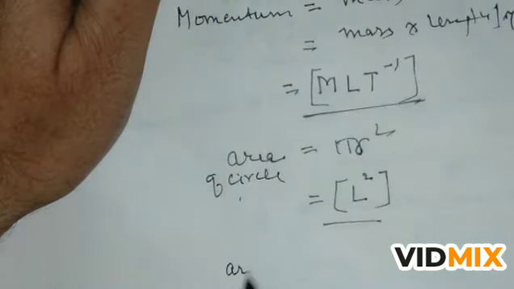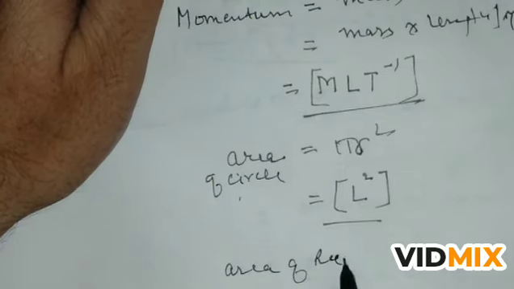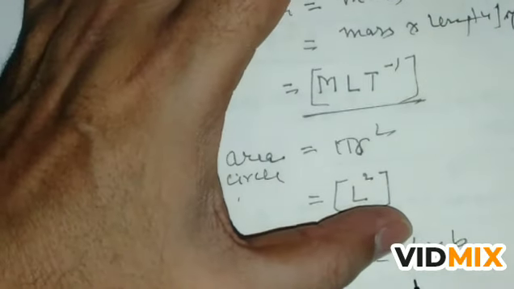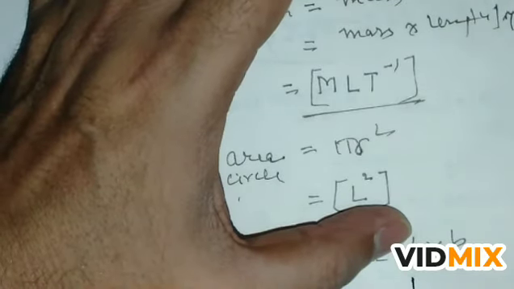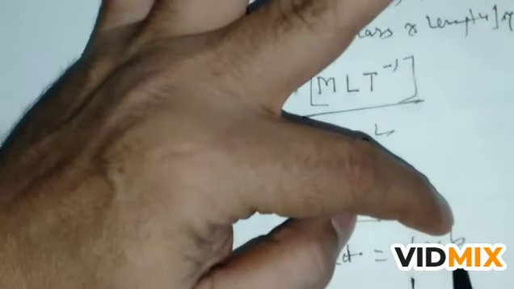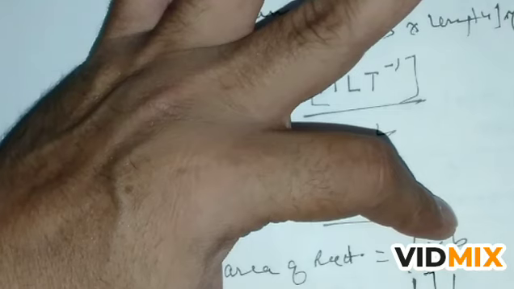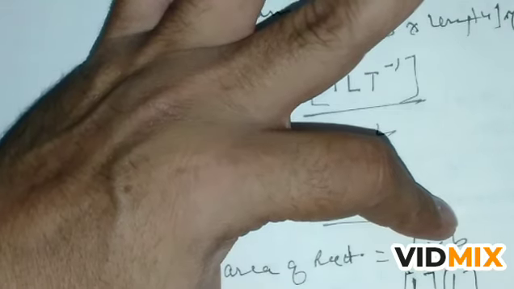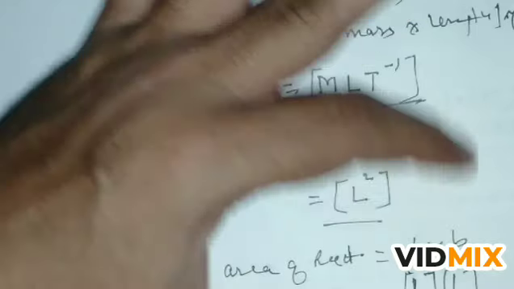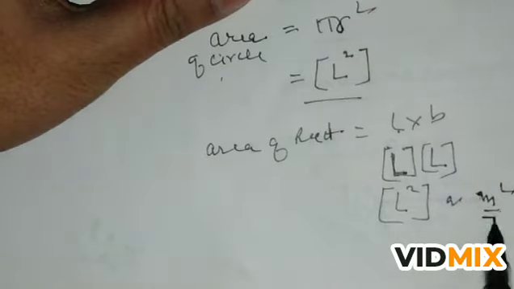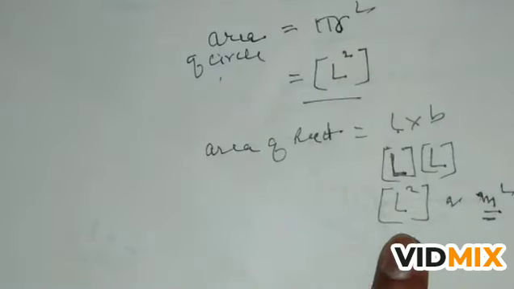Or area of rectangle, you can write area of rectangle, L into B. Length is measured in meter, L, and breadth is also in length, so the dimension of this will be L to the power 2, और यूनिट हो जाएगा हमारा मीटर स्क्वायर. तो this is the derived unit and this is the dimensional value of area.